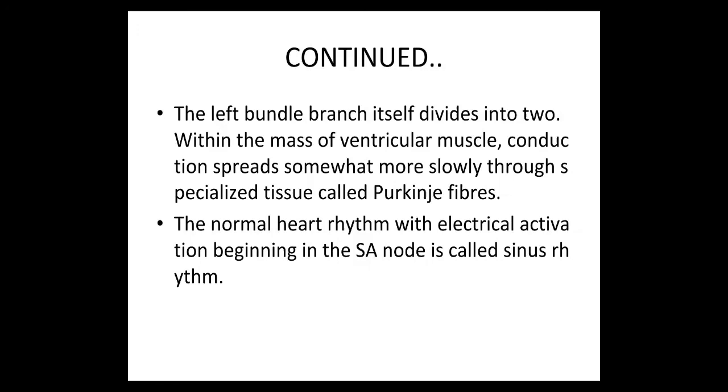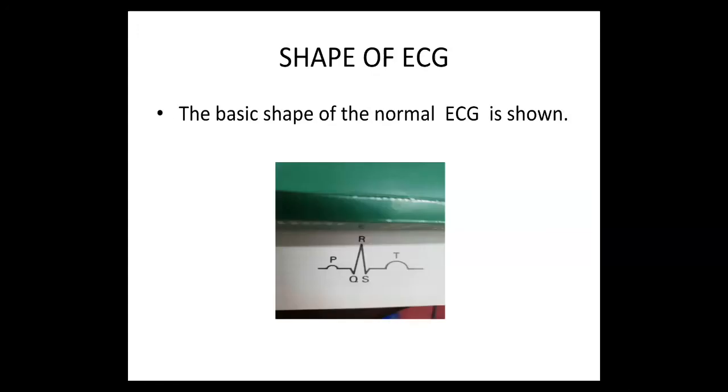The normal heart rhythm with electrical activation beginning in the SA node is called sinus rhythm. The basic shape of the normal ECG is shown in the picture. There is a P wave and there is a QRS complex and then there is a T wave.